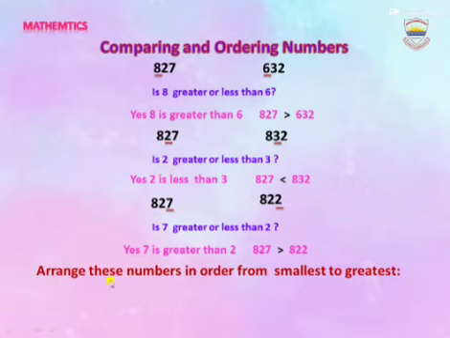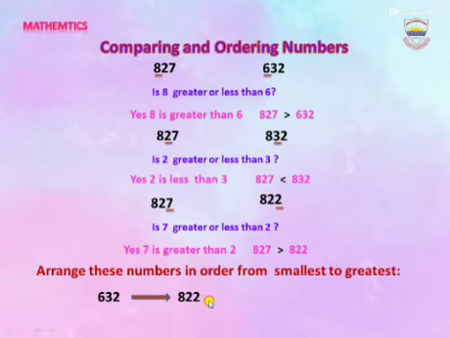Now, let's put these numbers in order. Means arrange these numbers in order from smallest to greatest. The numbers are 827, 632, 832, 822. The smallest number is 632. After 632, the big number is 822.